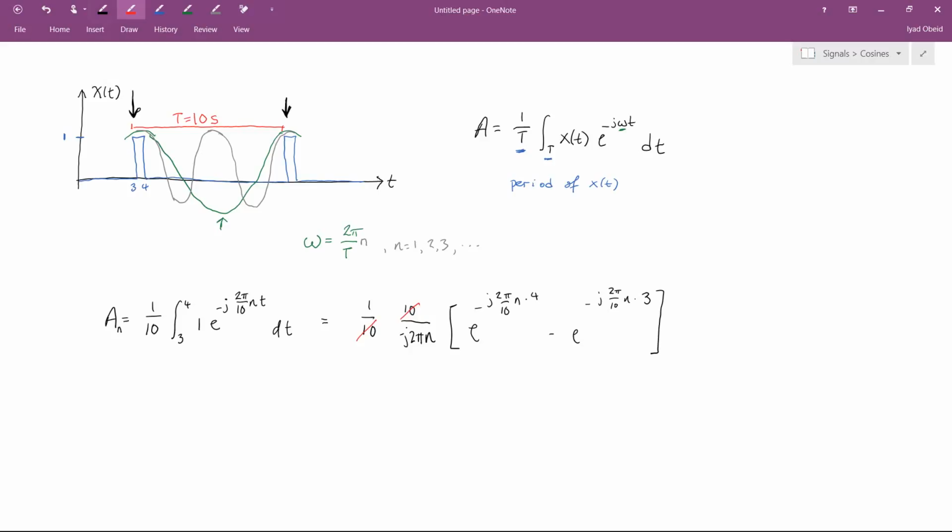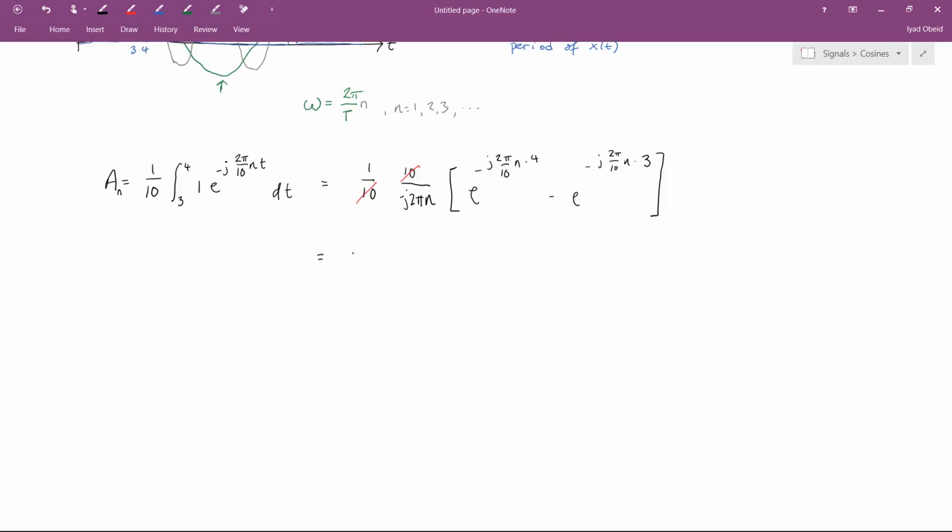That's something. There is a way to tidy it up a little further, but let's not worry about it for now. What we have is 1 over minus j 2 pi n times e to the minus j pi n over 5 times 4 minus e to the minus j pi over 5 n times 3. Gross. But we can live with it.